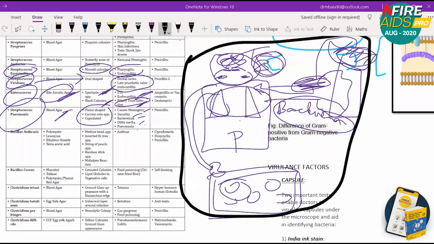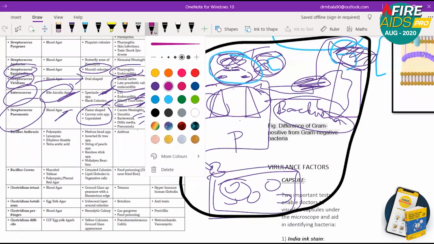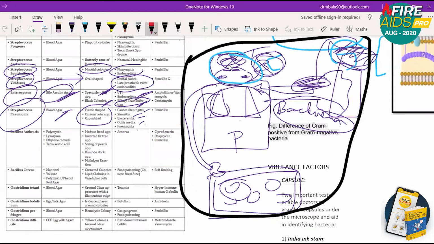So I'll repeat. This is a guy who is holding fire, so flame shaped.